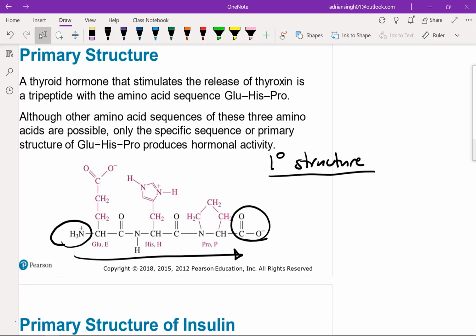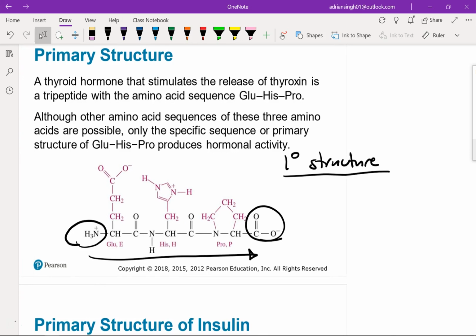So how are you going to identify the amino acids? Well, you want to first of all locate the alpha carbon, because remember, it's the R group that determines what that amino acid actually is. The alpha carbon is connected to both the amino and the acid group. So we can circle our alpha carbons here in red.